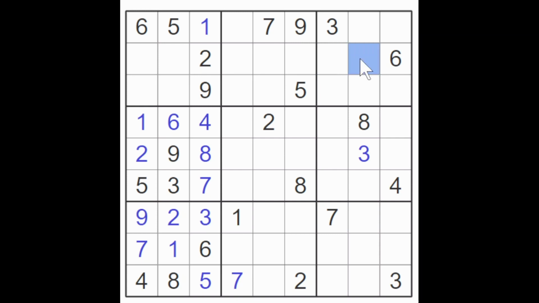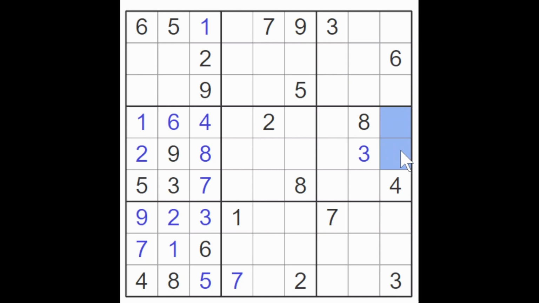I'm looking at the 7s because this 7 blocks these cells. This 7 here blocks this cell. And because this 7 also blocks these cells, and this 7 blocks this cell, one of these two cells here must be a 7.